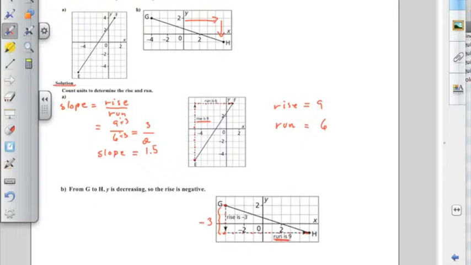So we've got a rise of -3 and a run equal to 9. And so the slope of that line segment, GH, is going to be equal to -3 over 9.